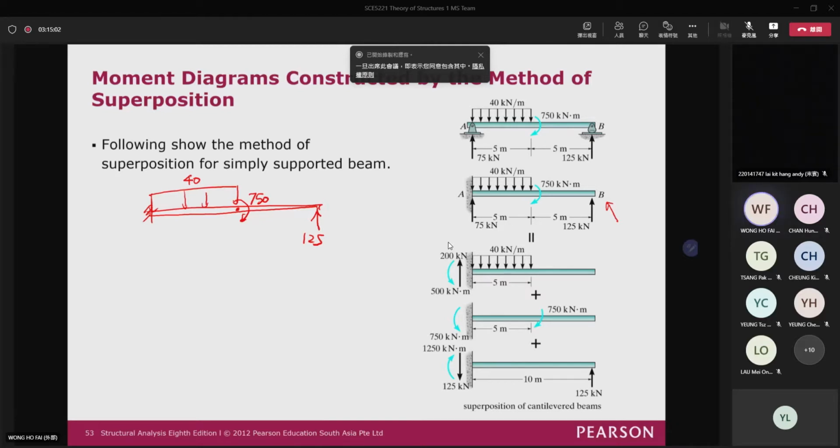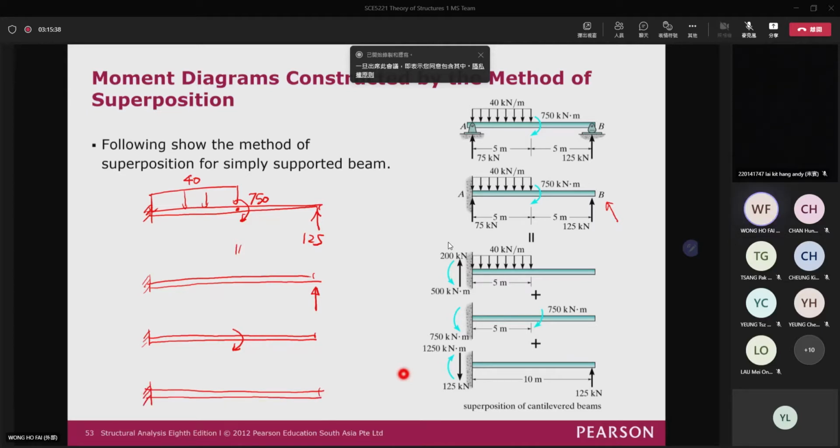But instead of drawing the bending moment diagram using all this kind of loading, you can decompose it into simpler cases. Like the first one, you can assume that there's just a point load here. And then the second case is that there is just a couple moment at this location. Or you just have a distributed load in this case.